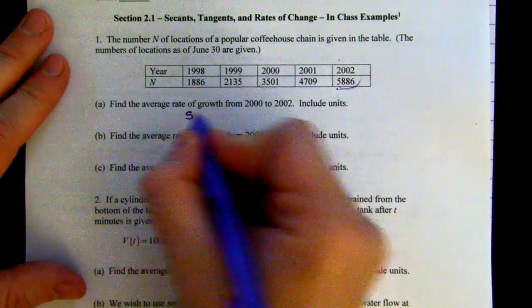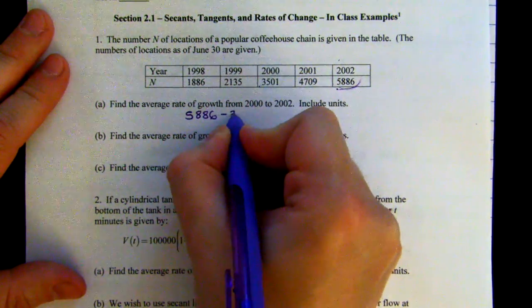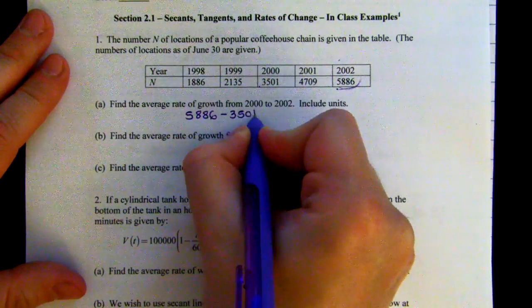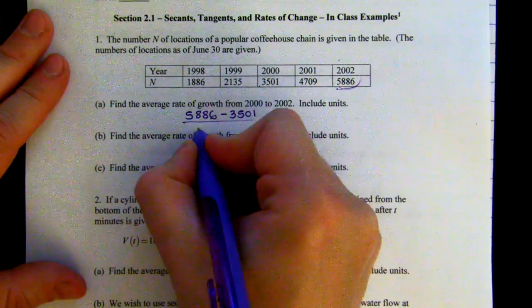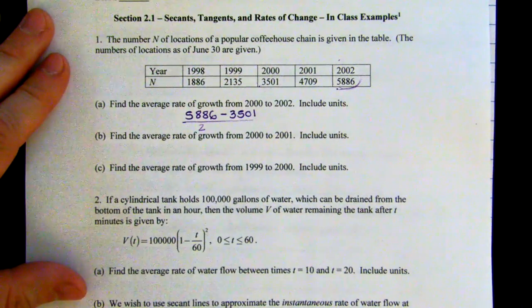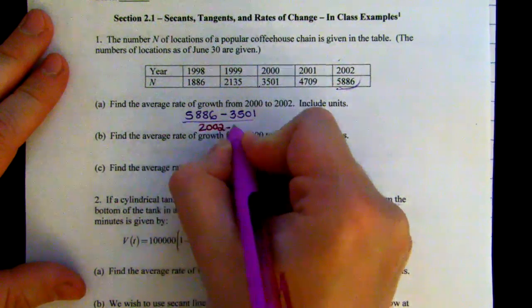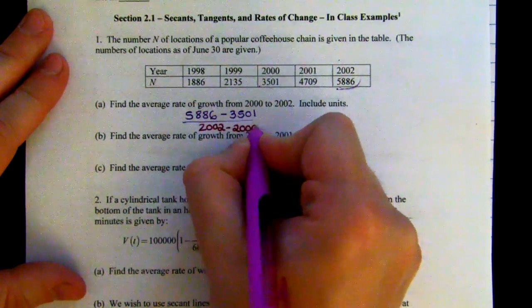I'm going to do 5,886 minus 3,501 over, I think it's time for a new pen, maybe this one will work, over 2002 minus 2,000.